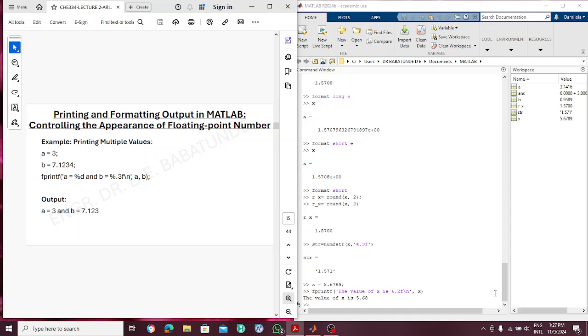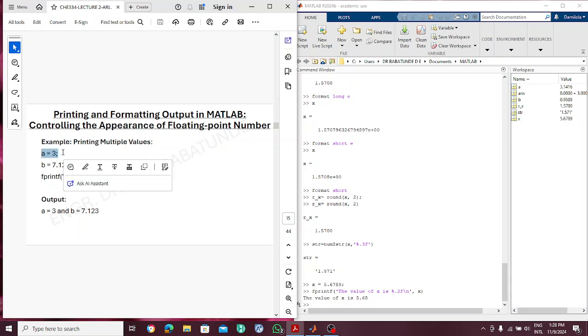We put the placeholder at the appropriate places inside the string part of the fprintf function. After the string part, we pass in the variables in the same order that their specifiers appear in the string part. So let's try this and see what the outcome looks like.